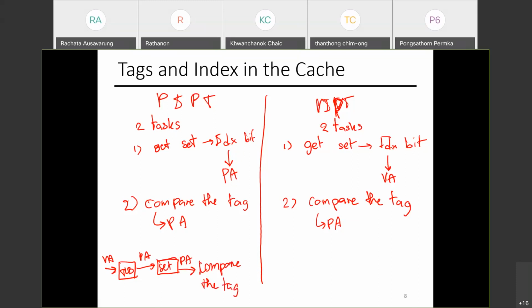Think about it as a three-step process. Get your physical address, then get your set. Once you got the cache set, you compare the tag. That's the third step. Over here, you have VA. VA is used to get your cache set, and in parallel, at the same time, you go to the TLB and get PA.